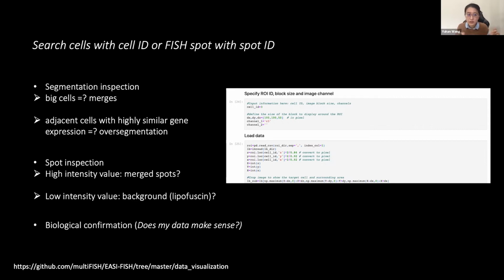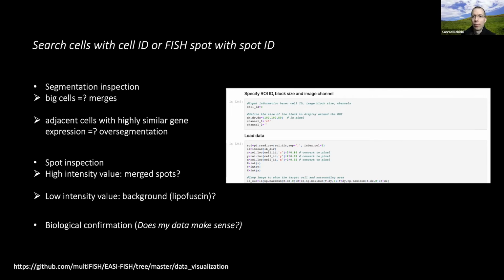Then we can search for their cell ID and evaluate whether they are true oversplits or just two cells that are very close together. So that flagging part is automated. The search part can be automated, but the inspection part is manual.